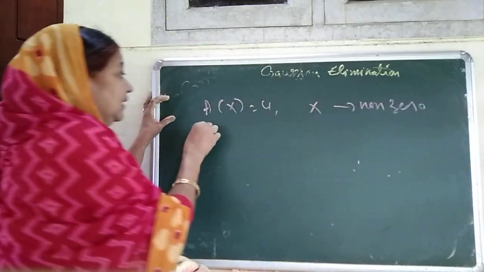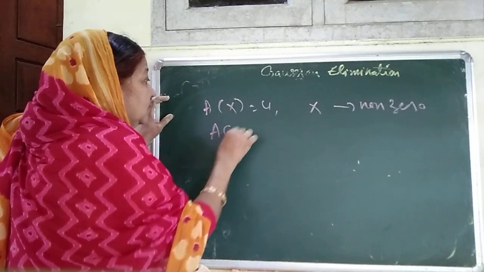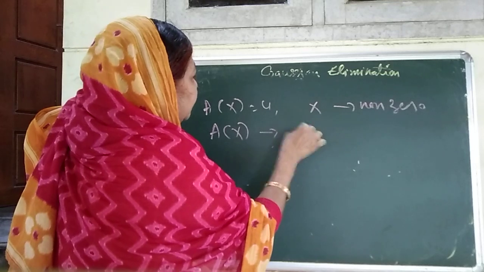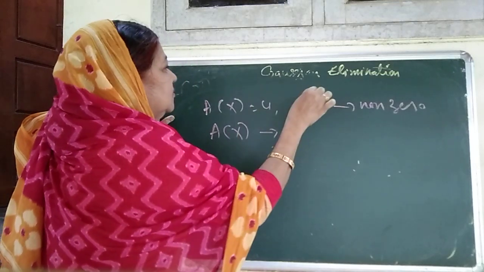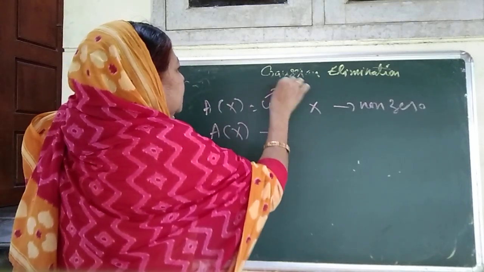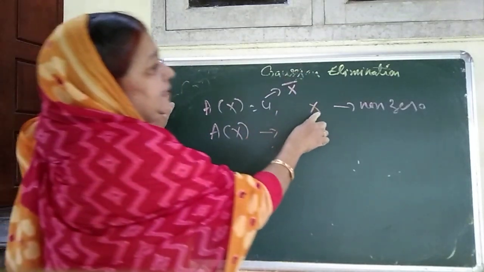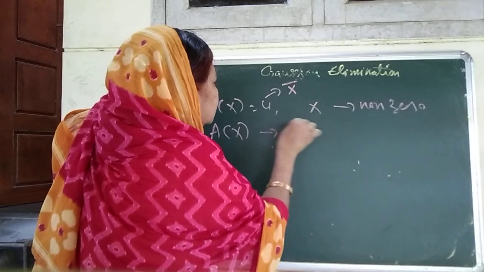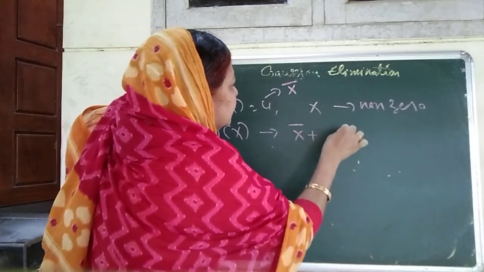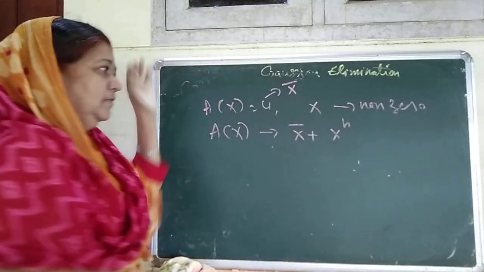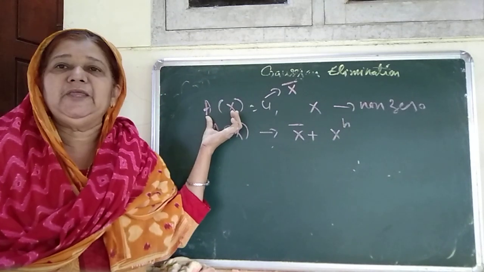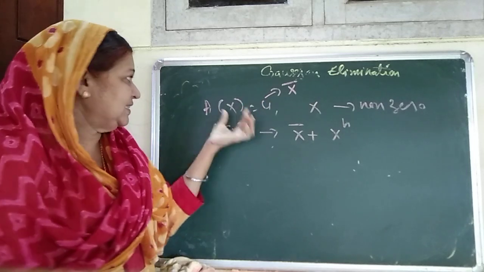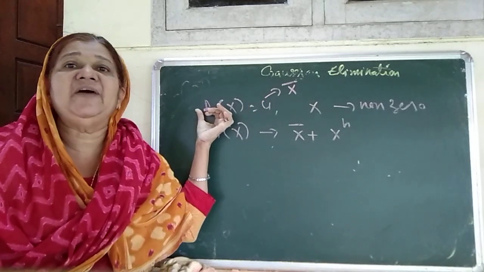Then if Ax equal to u has a particular solution x bar, and x is a non-zero solution of Ax equal to 0, then Ax equal to u has the solution x bar plus x. Once again, consider Ax equal to u where A fails to have an inverse.